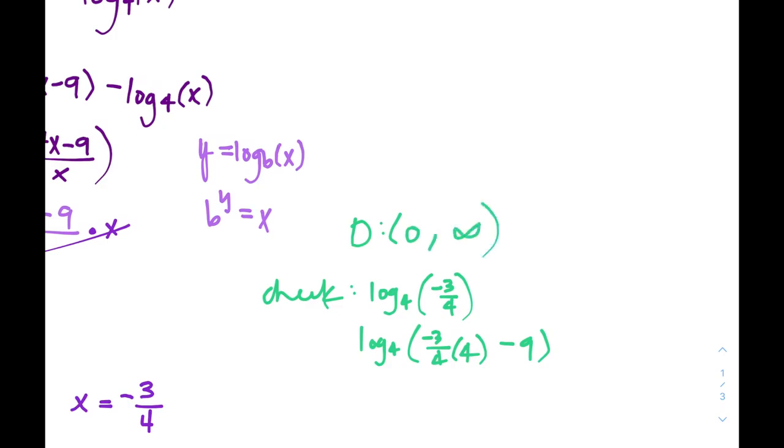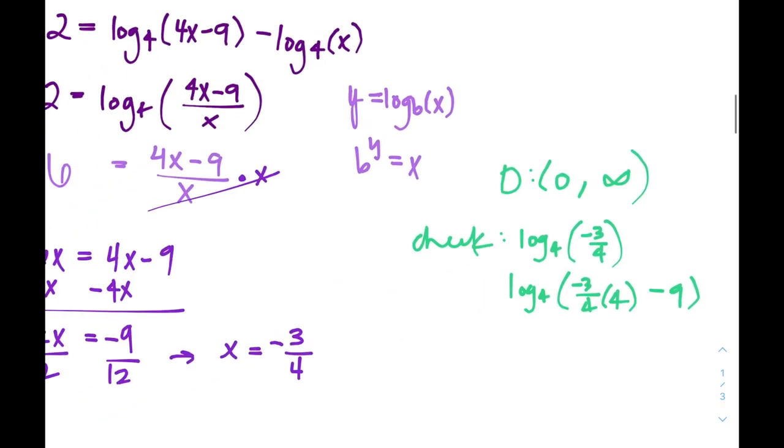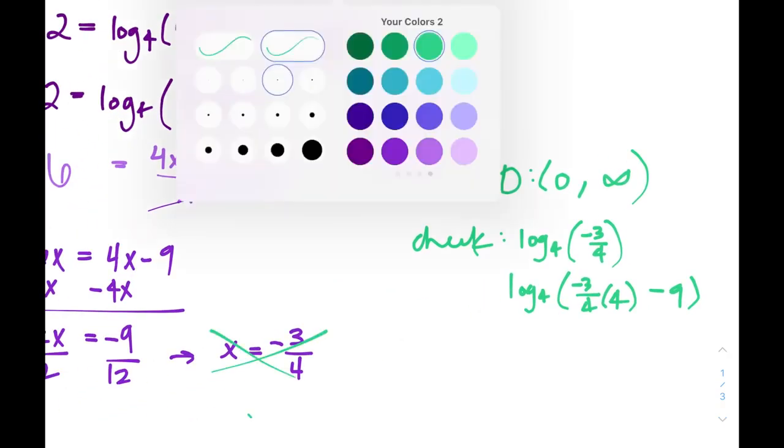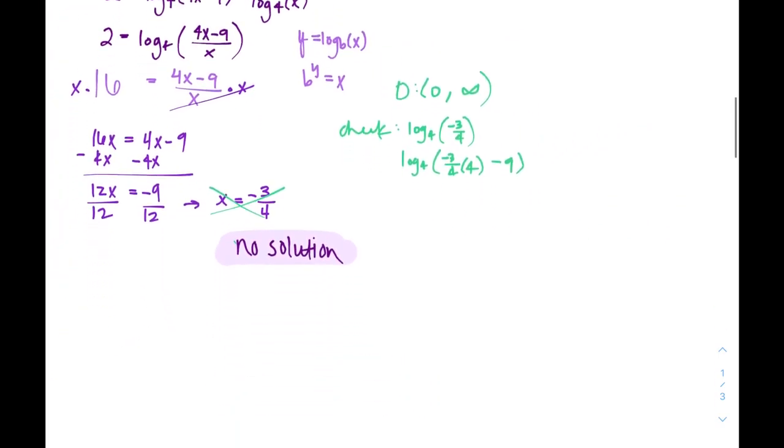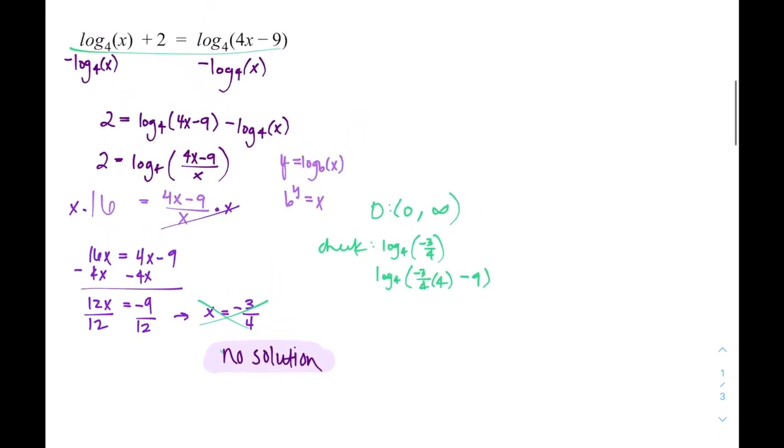Neither of those inputs fall between it. So there's actually no solution to this problem. When we plugged it in and checked it in the original, we got a negative inside the log, so this problem is now done. It doesn't have an answer.